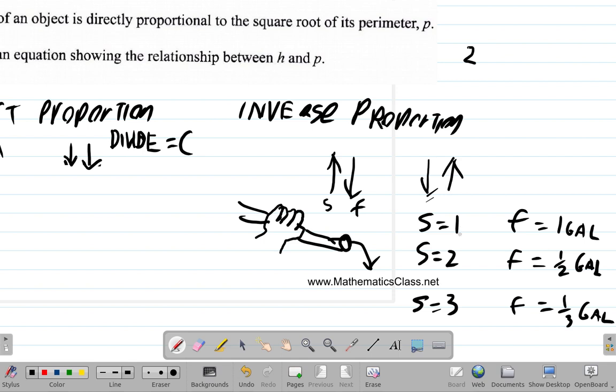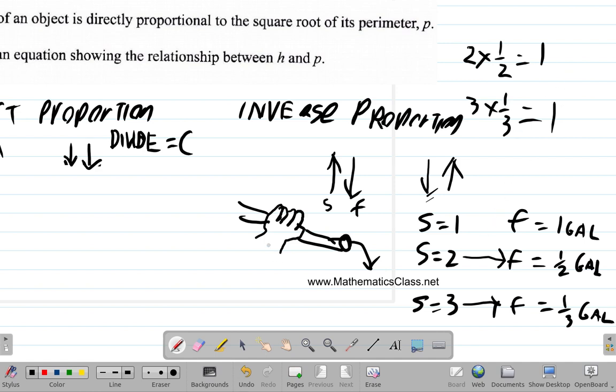Remember, the squeeze with 2 multiplies the flow with half. You get 1. When you squeeze with 3, you multiply the 1/3 gallon per minute, and you get 1. 1 is the constant here.